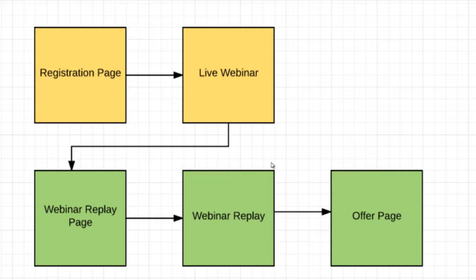Then you create an experience that feels like a live webinar. You can add chat and other things as well. The nice thing about these systems is you can set it up so that at a certain time during the webinar, when you talk about the offer, you can present the offer page.